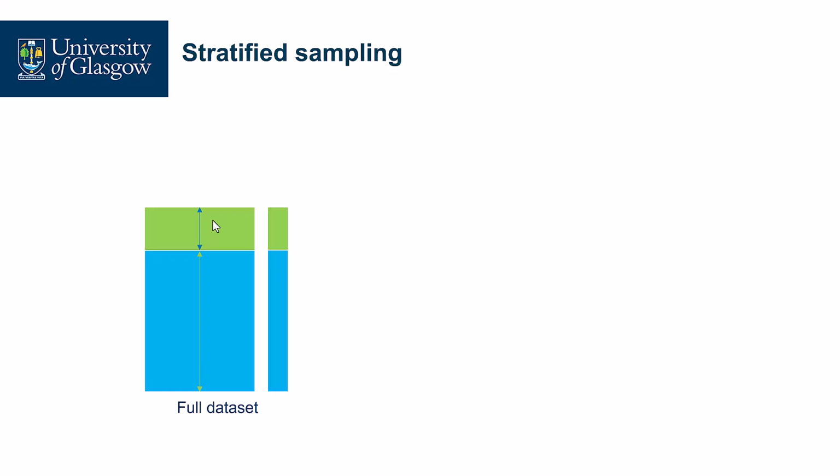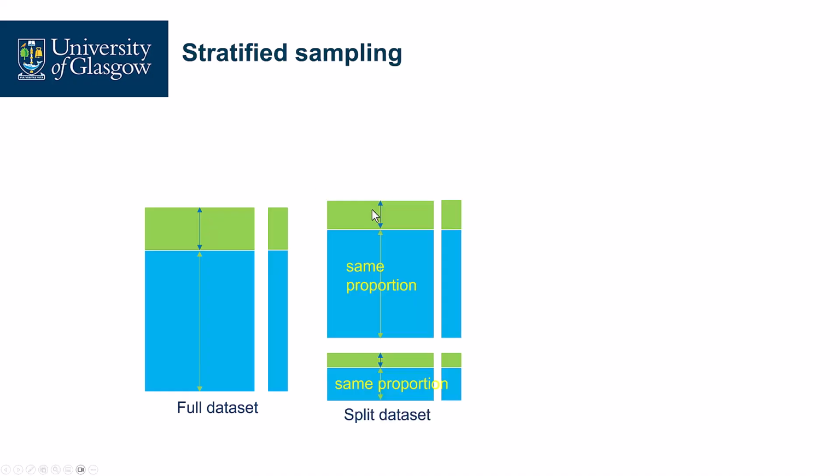To solve this problem, we use a method we call stratified sampling. What do we do in stratified sampling? We consider the proportion of the two types of data, and when dividing into the training set and the test set, we use the same proportion. In this way, we can avoid the problem of the test set being too small or too large, which would cause issues for the machine learning algorithm.